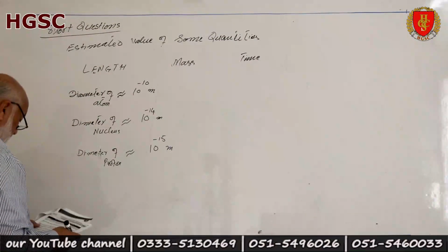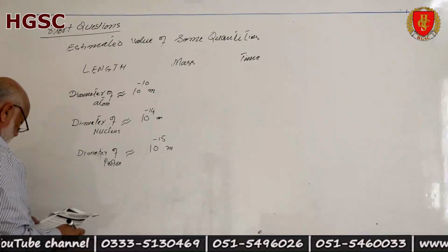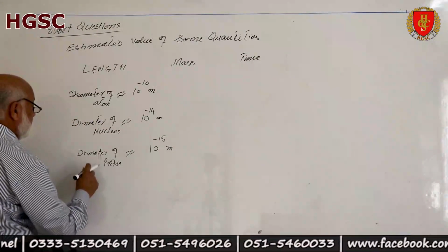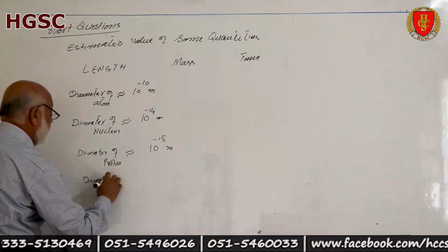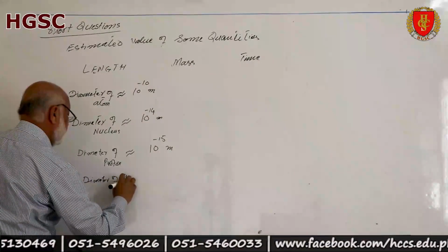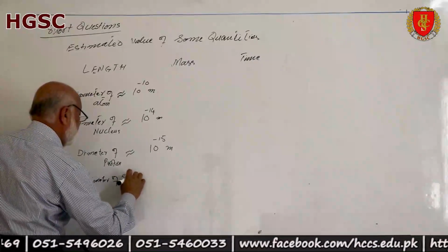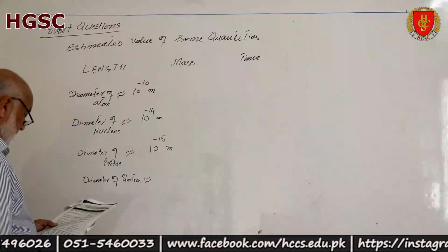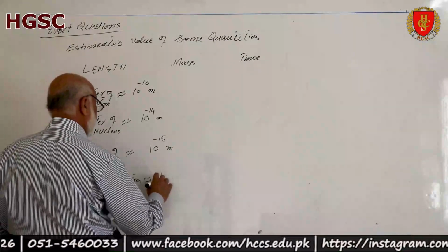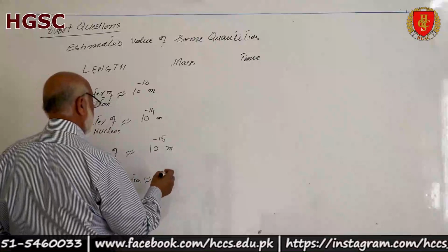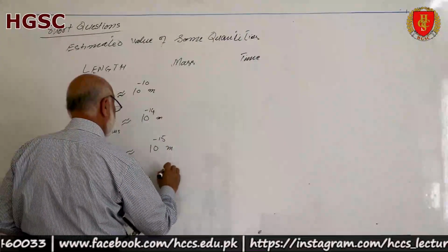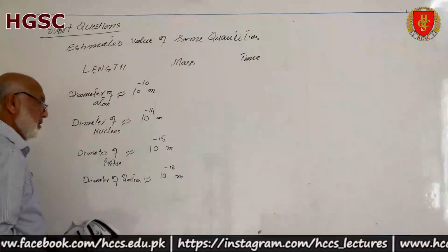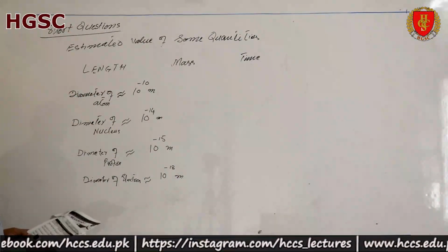And another diameter, of the electron. Electron is again a very small particle, of the order of 10 per minus 18 meters approximately.